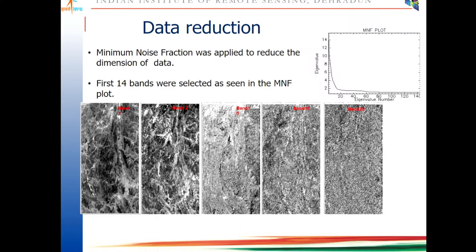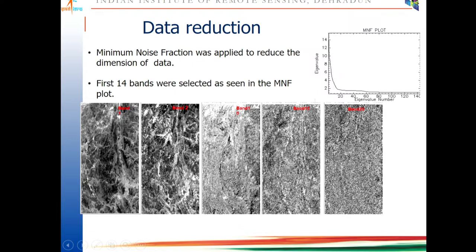So we go ahead with those initial bands, and then do the further identification of the material, training sites, the particular spectrum for the pure pixels, and those will be used for the classification, and finally we will get the classified or the mapped image.